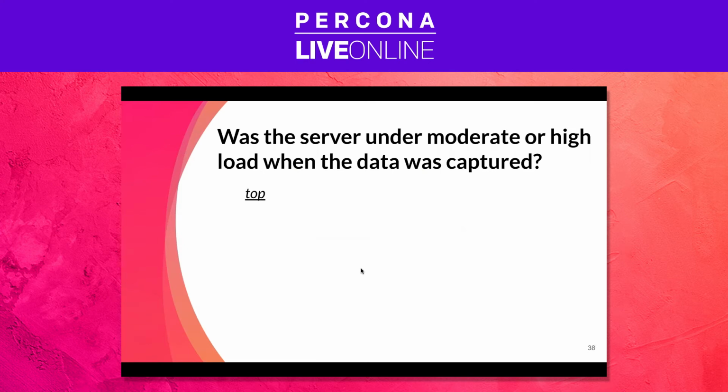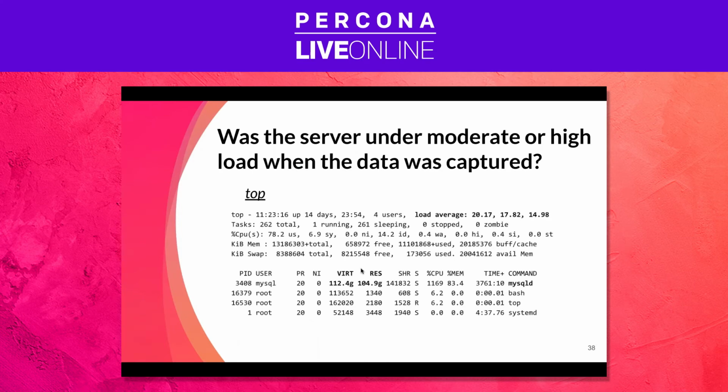My first stop tends to be the first sample in there. And here we can see reasonably clearly that the server was under high load when pt-stalk was run, and for how long. So in this sample, the server was undergoing an increased load.